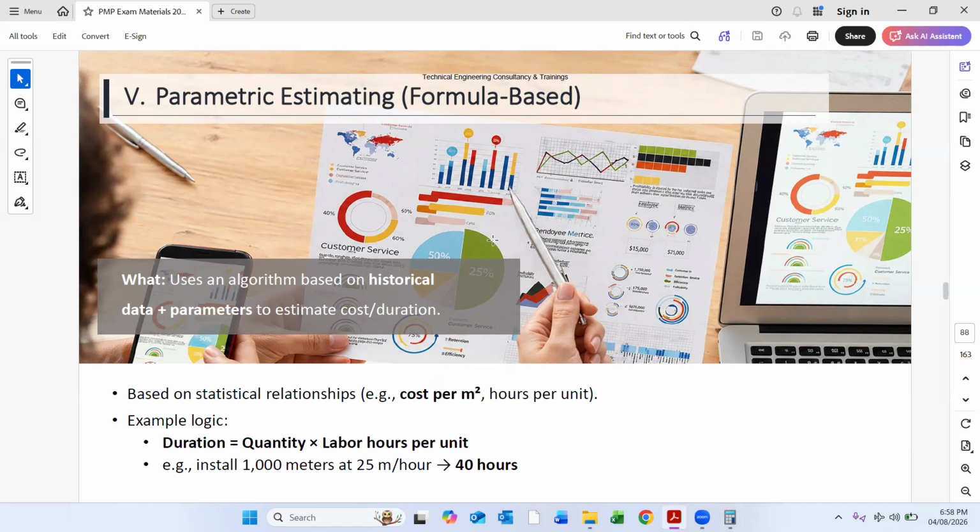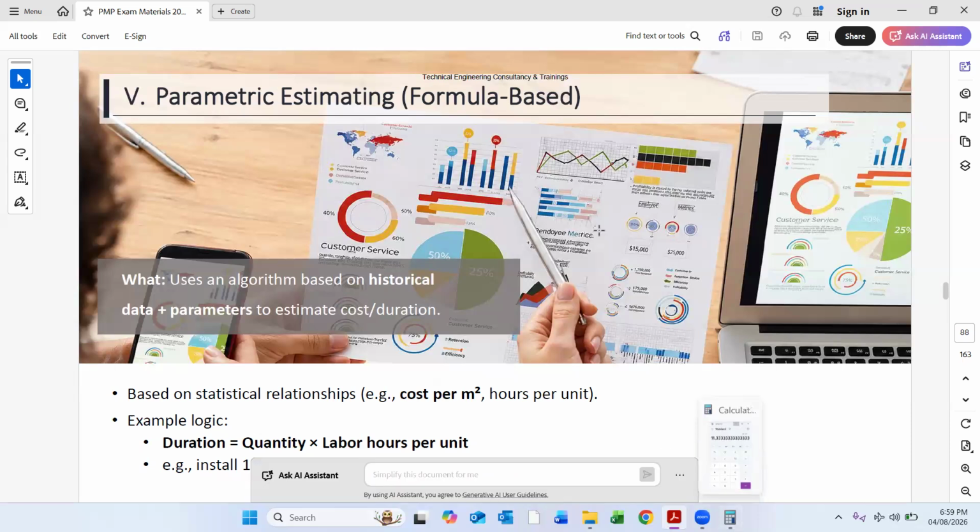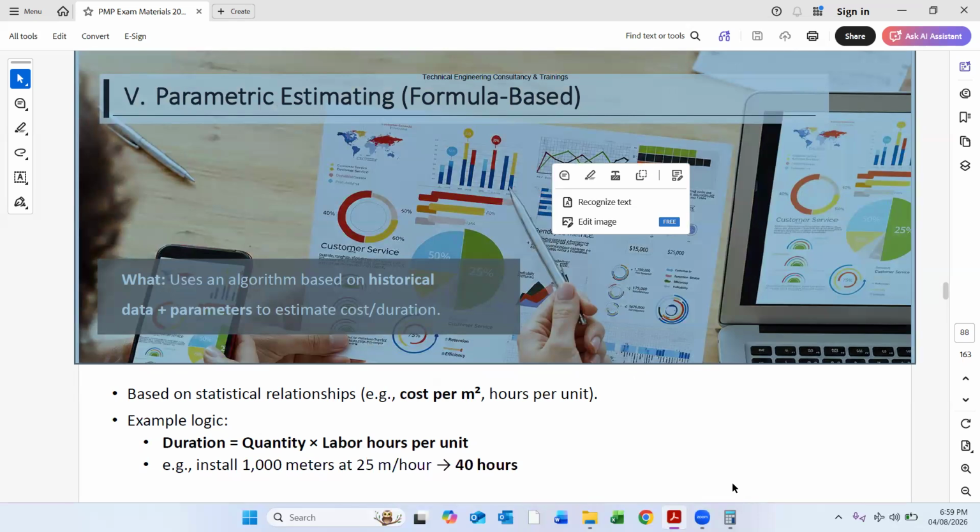So if you want to install 1000 meters, and the labor rate is 25 meters per hour. So quantity multiplied by labor hours per unit. Labor hours per unit 25 multiplied by 1000. Example, install 1000 meters at 25.